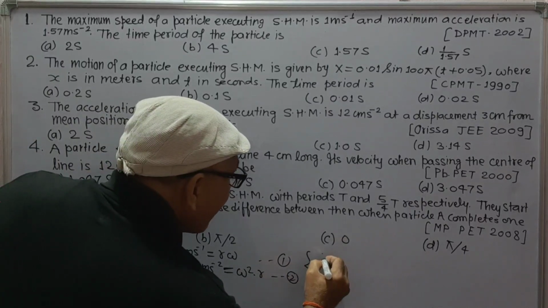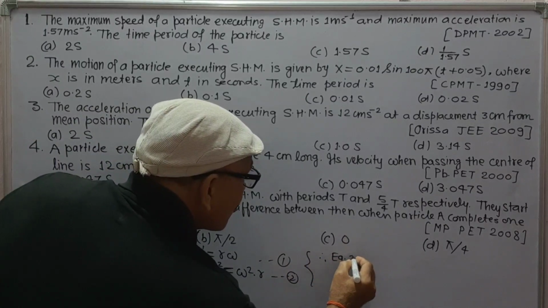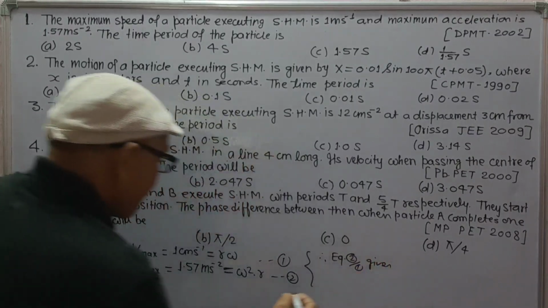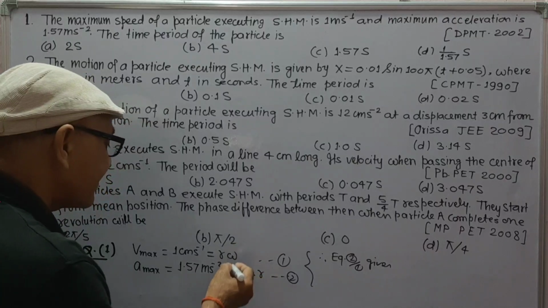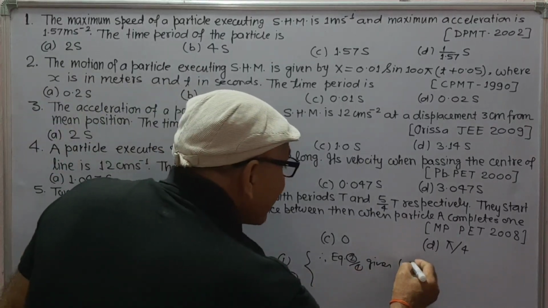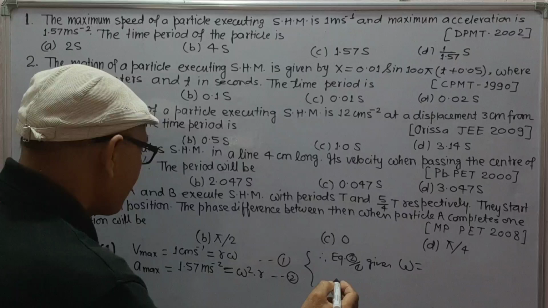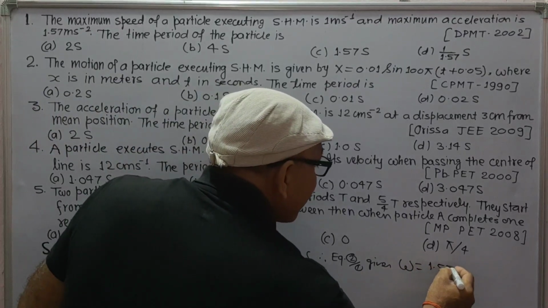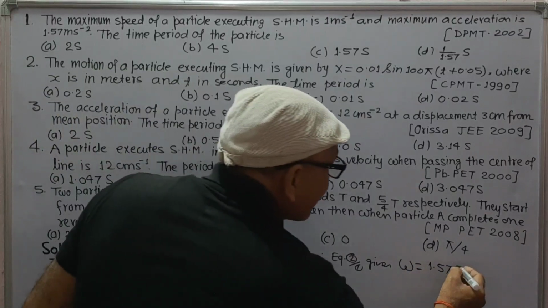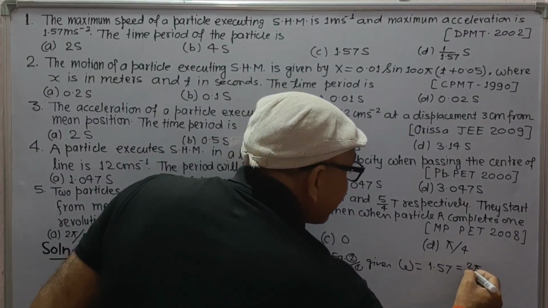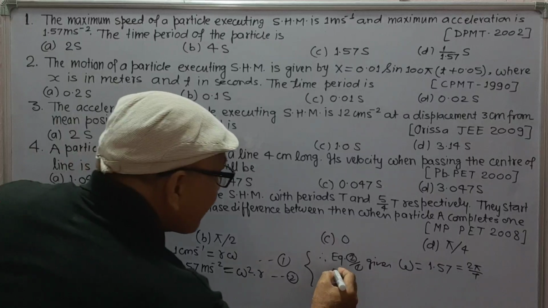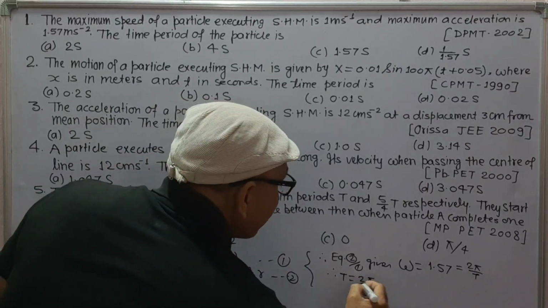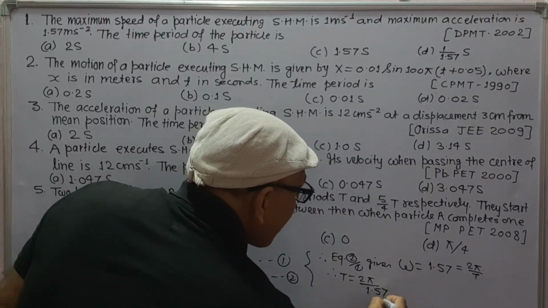So equation 2 upon equation 1 gives, R cancels out, omega is equal to 1.57 and also omega is equal to 2 pi by T. Therefore T will be equal to 2 pi by 1.57.